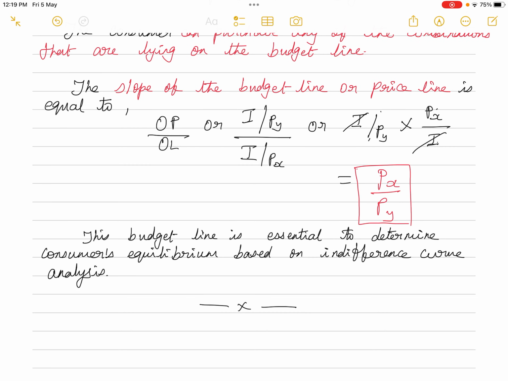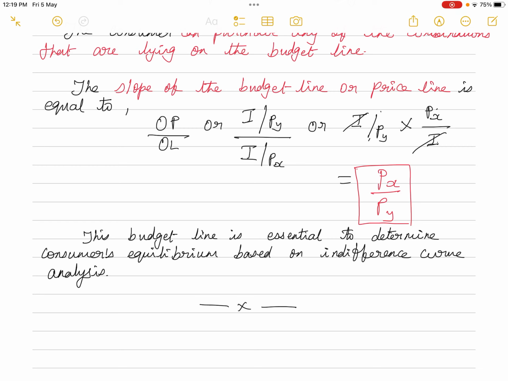This budget line is very essential to determine how the consumer attains equilibrium based on indifference curve analysis. At whatever point the budget line is tangent to the indifference curve, at that combination the consumer attains the equilibrium position.